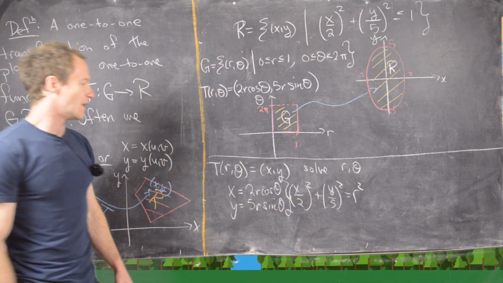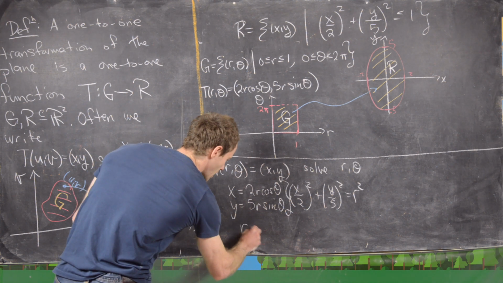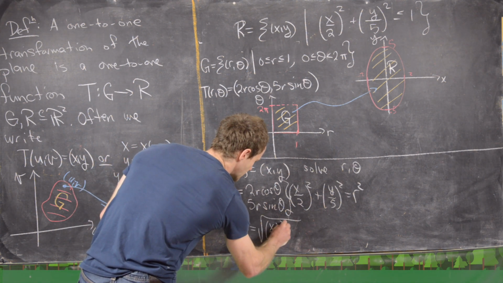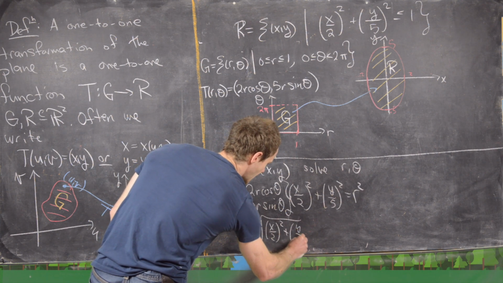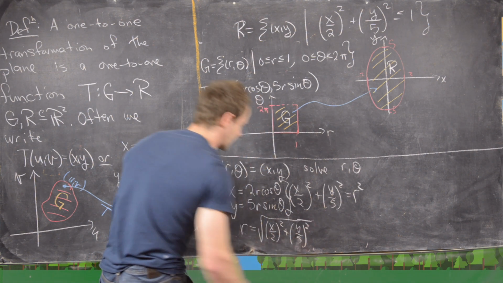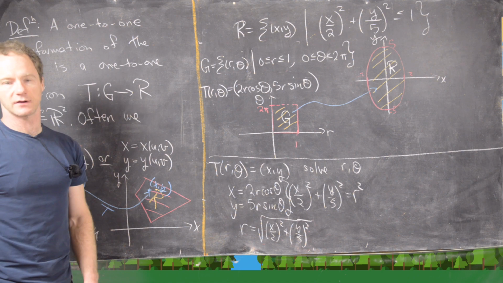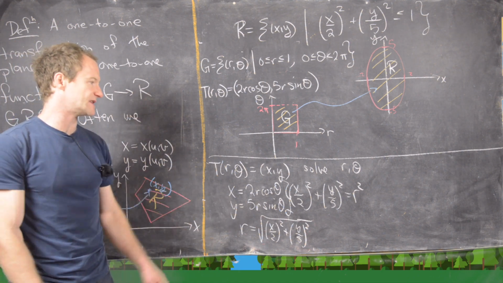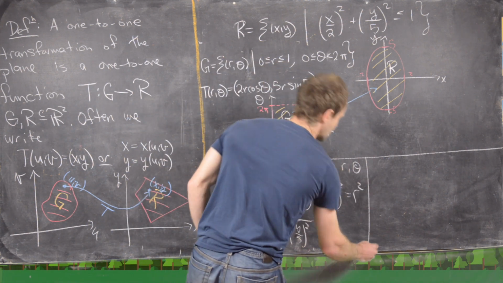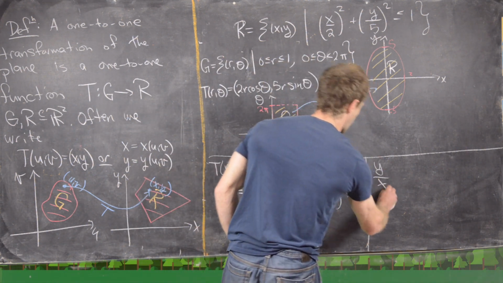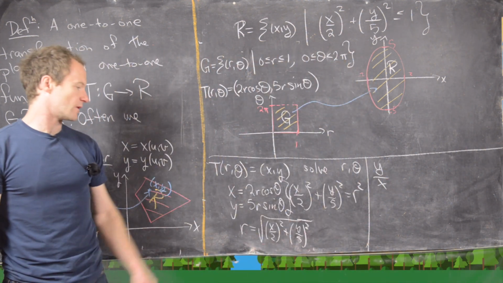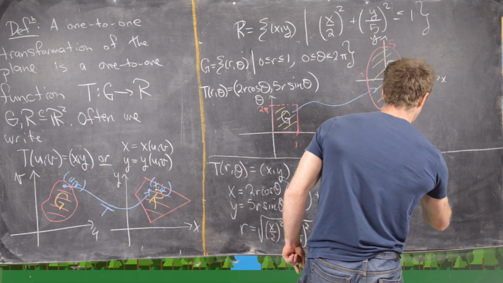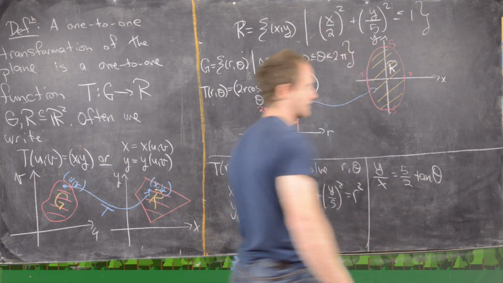Okay? But what that tells us is we can take r to be the square root of (x over 2) quantity squared plus (y over 5) quantity squared. And we don't need the positive and negative square root. Okay, so another thing that we can do is we can divide these two things. And notice if we do y over x, that's going to give us 5 over 2 times tangent of theta.